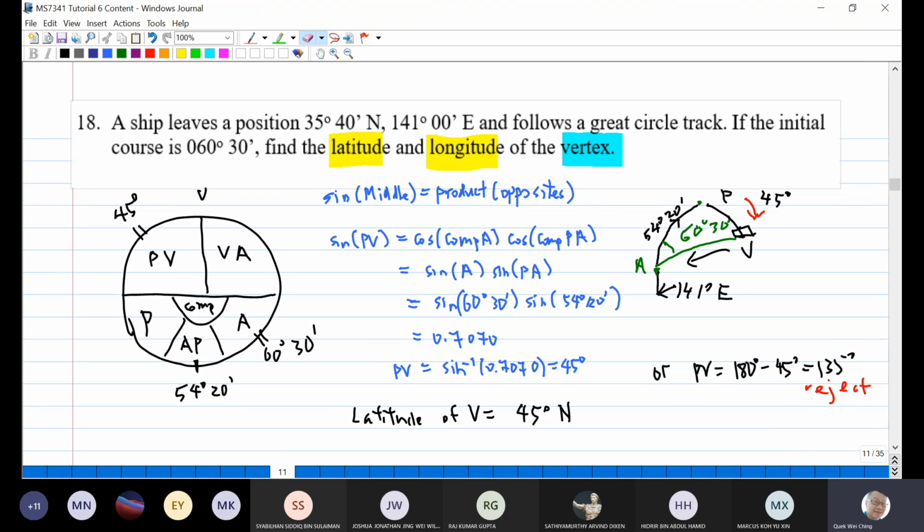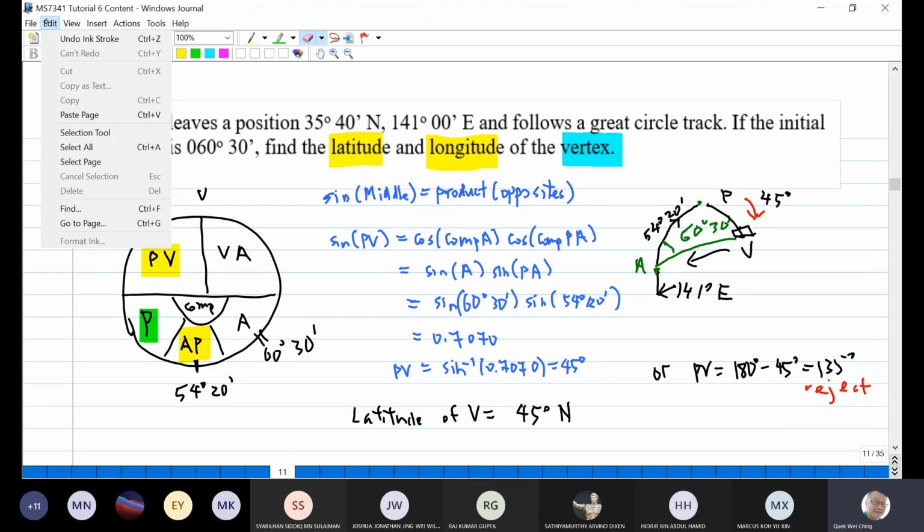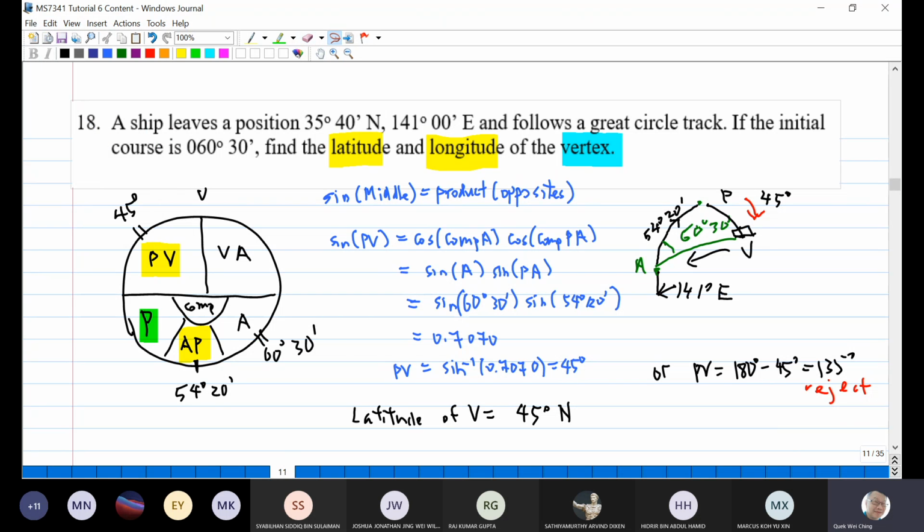So this one is AP, I know. AP is yellow here. And then PV, I know it's yellow here. And then P is the one I want to find. So I'm going to use a different Napier's rule now. So let me erase all this here.